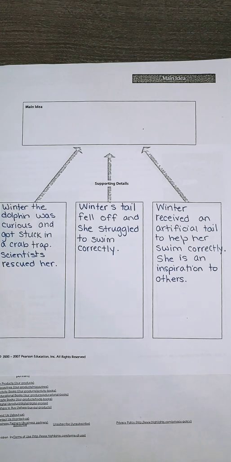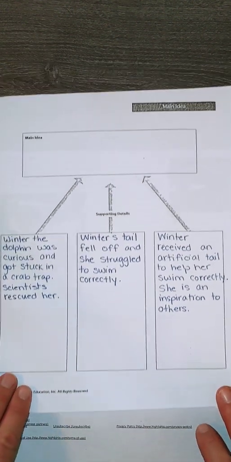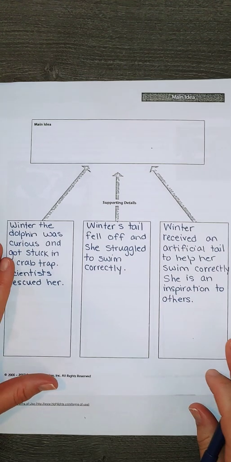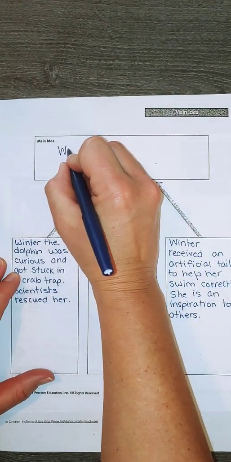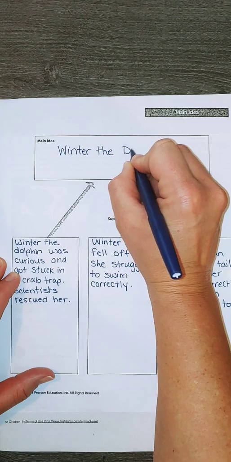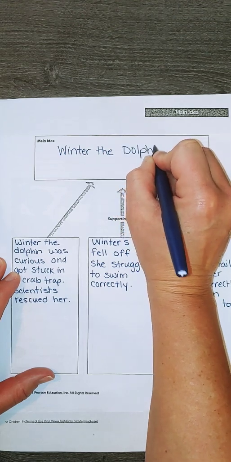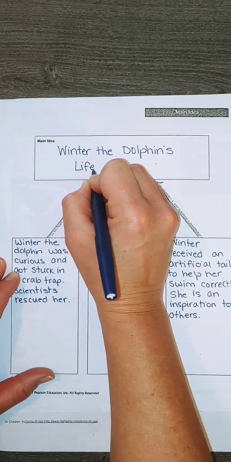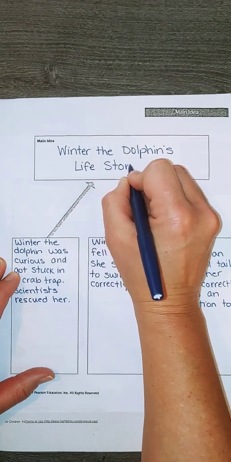Now I have to summarize or give the total main idea. So if I were to put all of these ice cream scoops in my cone, what would I say that this story was all about? What is the big picture here? And the big picture here is Winter the Dolphin's life story.